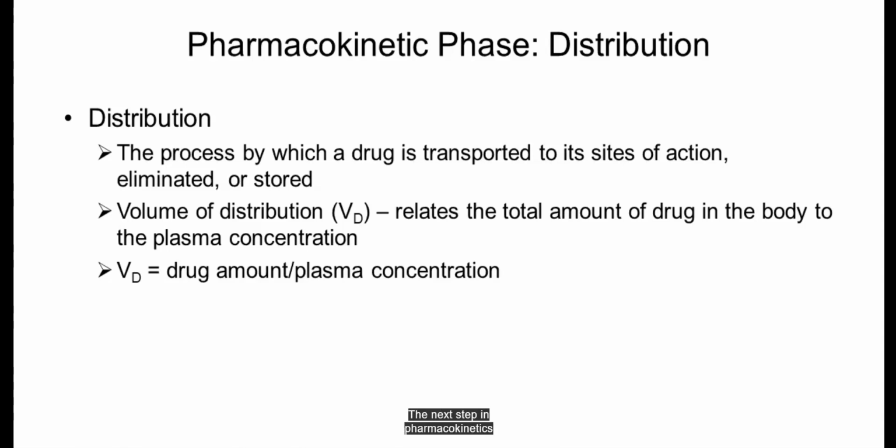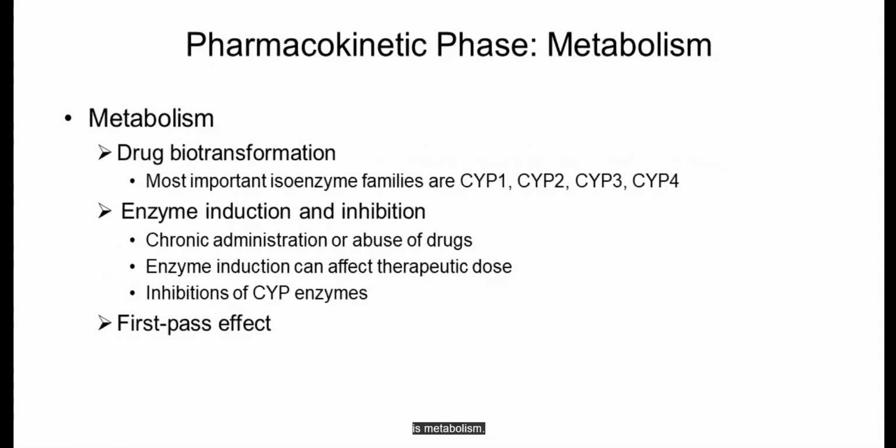The next step in pharmacokinetics is metabolism, and the organ for metabolizing medications is the liver. The major enzyme system within the liver is cytochrome P450, or CYP, which is further broken down into CYP1 through CYP4. This is where we further discuss first-pass effect.